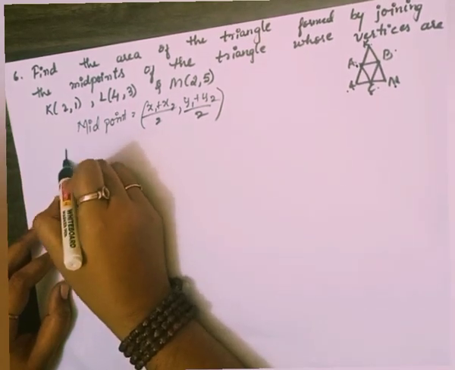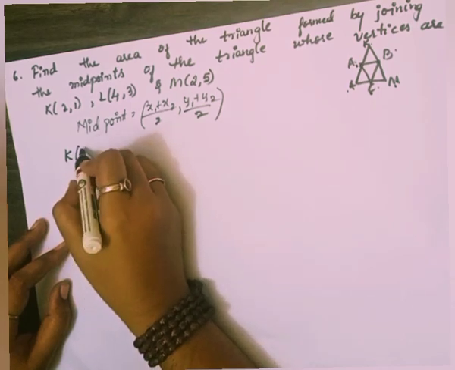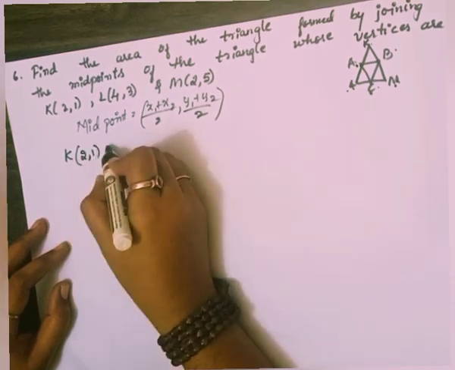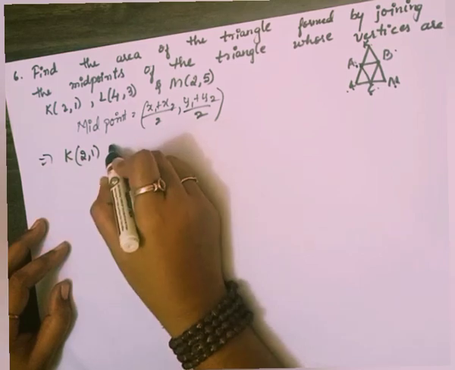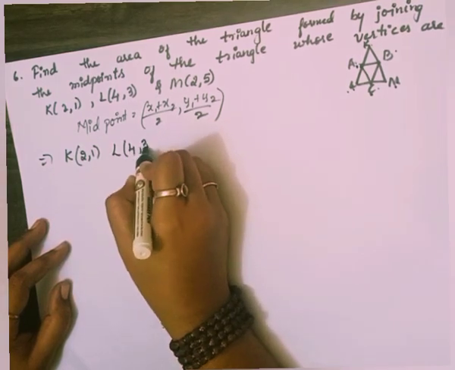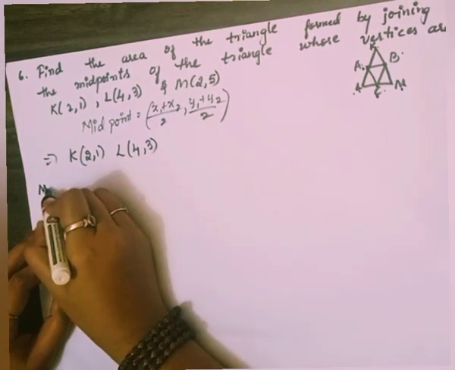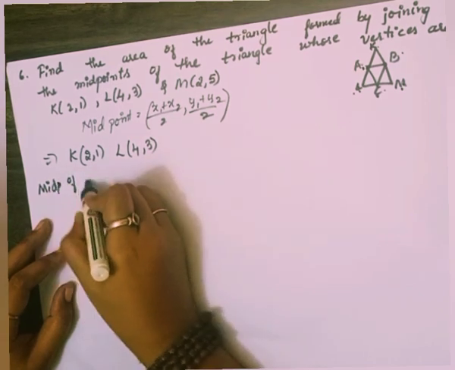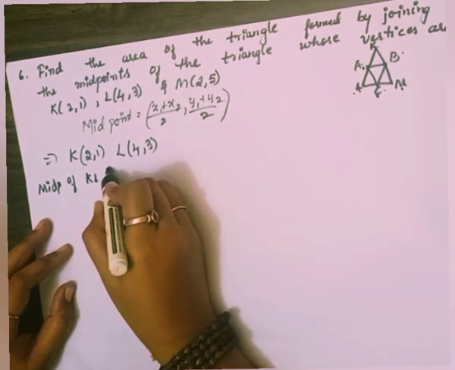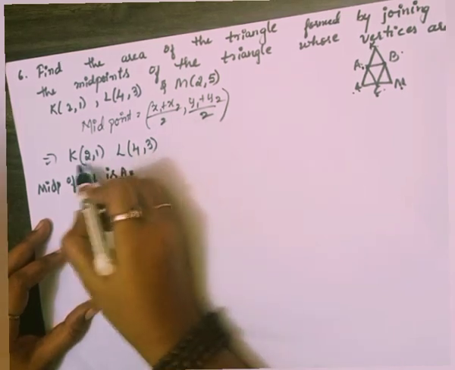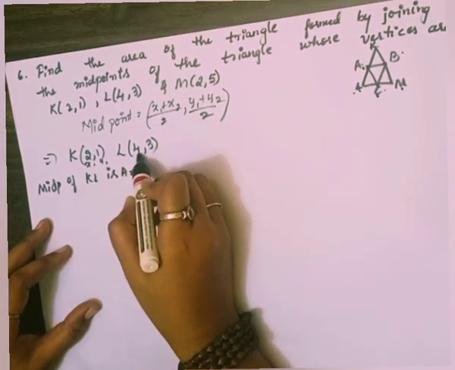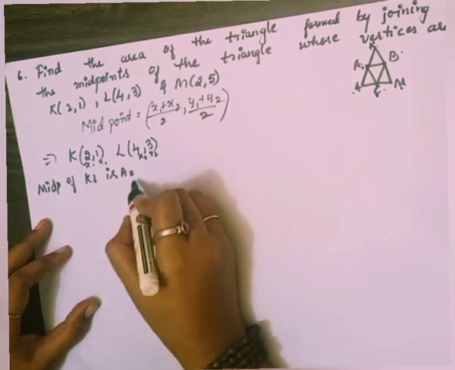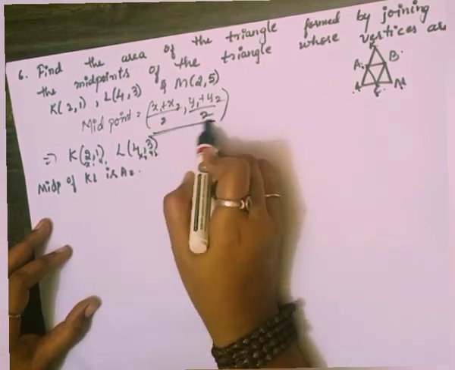Now I'll go with KL. K is (2, 1) and L is (4, 3). The midpoint of KL is A, where this is x1, y1 and x2, y2. Directly we'll go, because we already have the formula here.